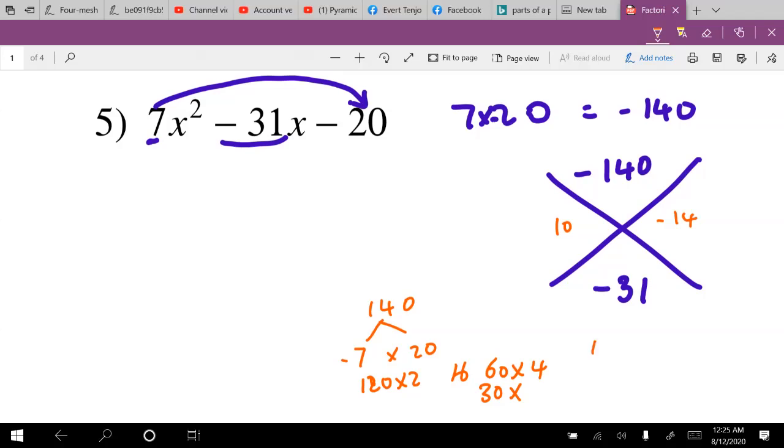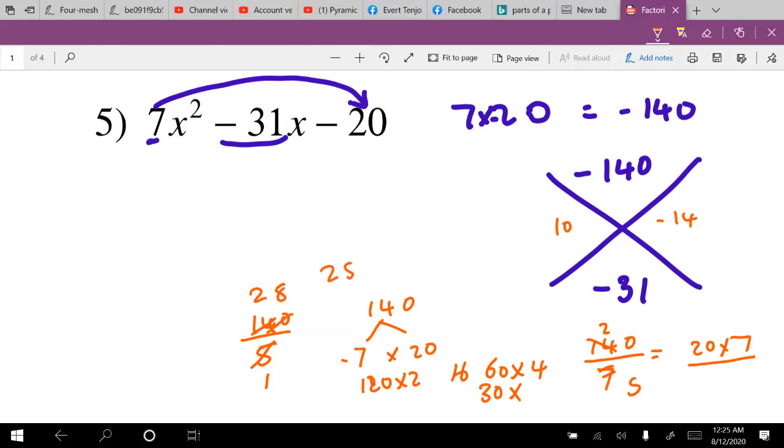Let's try 140 divided by 7. We're going to get 20. So 20 times 7 will give us 140. If we add that, we're not going to get 31. Let's try 5. 140 divided by 5 is 28.